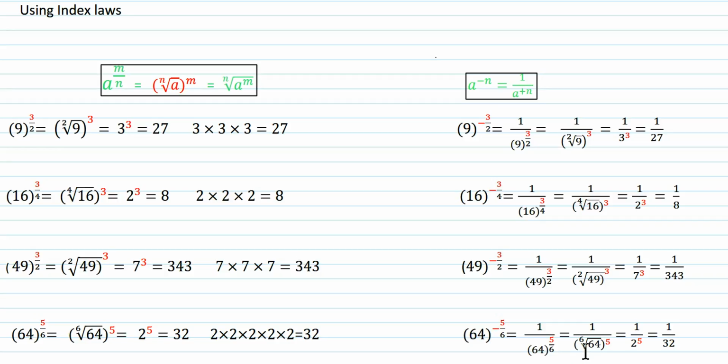One number multiplied by itself 6 times gives me 64. That is 2. So the 6th root of 64 is 2, and this is raised to the power 5. 2 multiplied by itself 5 times is 32. This is 1 over 32. Again, similar to this, but because of the negative sign, it's 1 over 32.